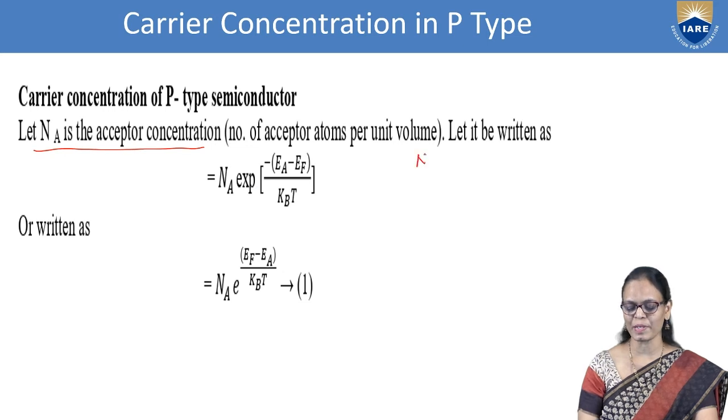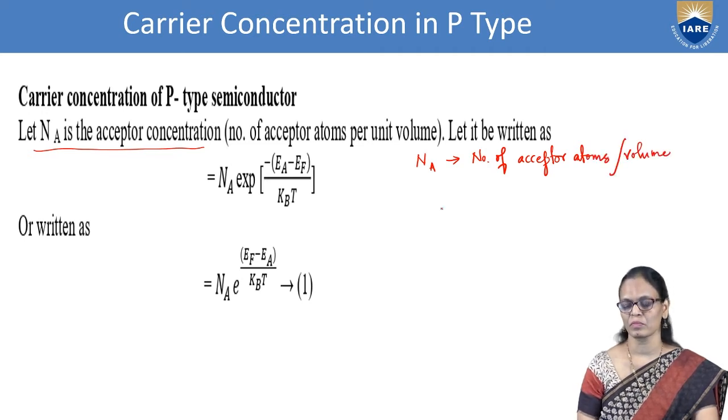So Na here represents the number of acceptor atoms per unit volume.